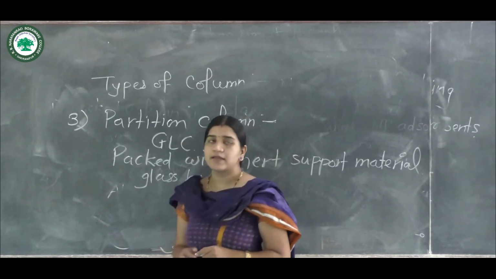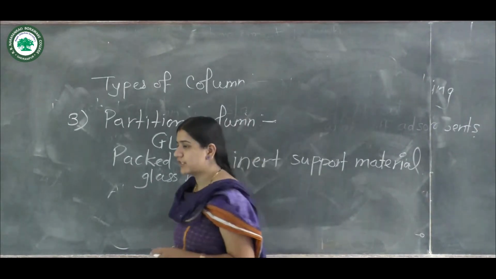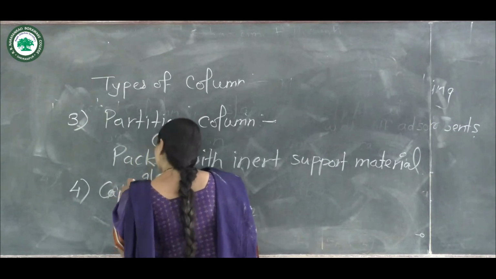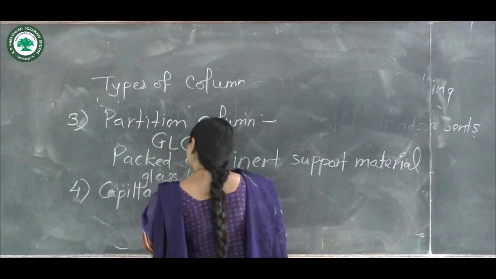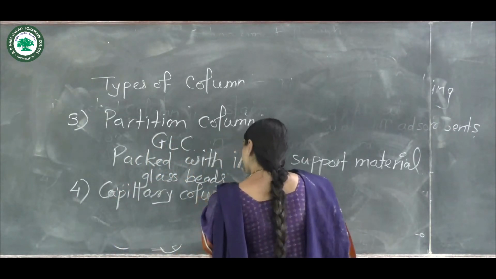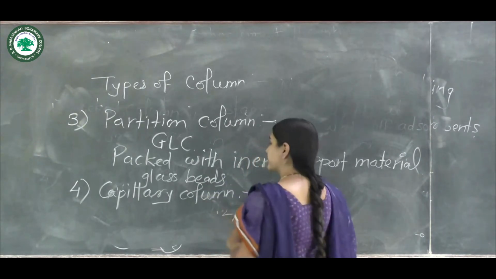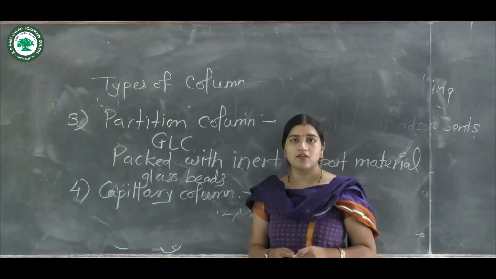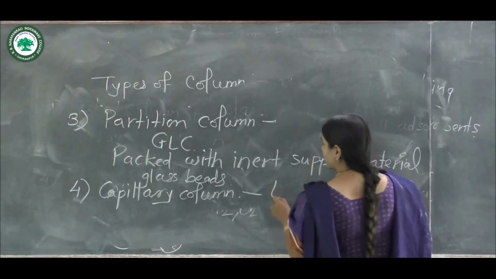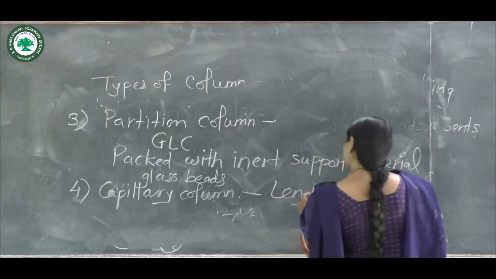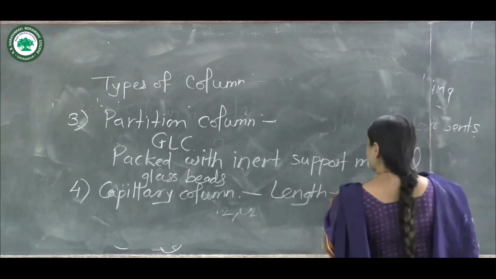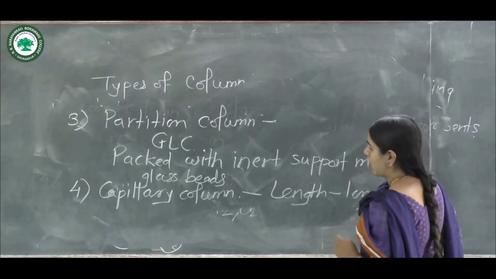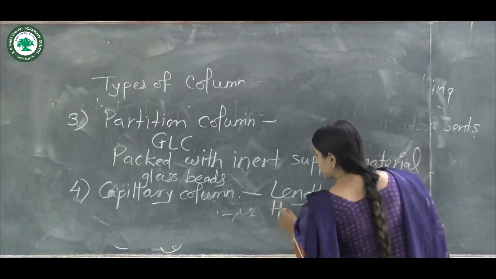Now the last type of column that we are going to study is the capillary column. As the name indicates, in case of a capillary column, the length of the column is very long. Capillary columns are very long as well as very thin.